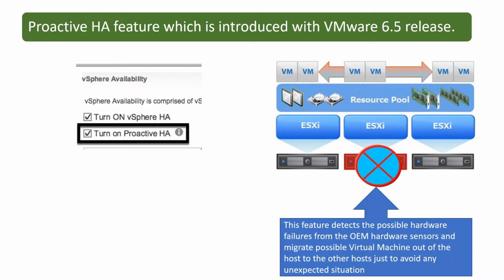Whereas in HA, it will restart the VMs, so there could be some downtime. But in proactive HA, if it finds any hardware degradation, it will move all the VMs to other ESX servers without any downtime, and that will be functioned using DRS. So here HA will be coordinating with DRS, and it will migrate all the VMs for a hardware degradation.